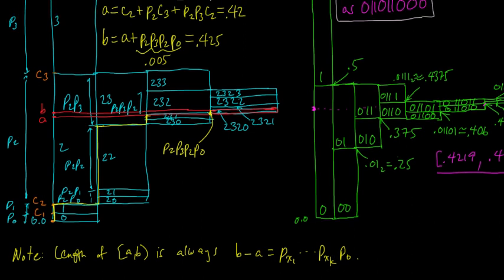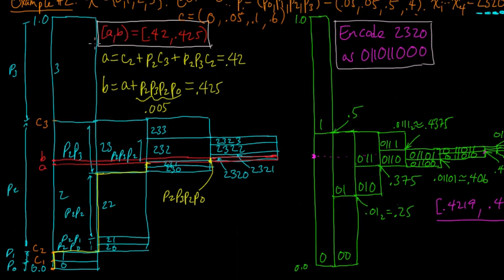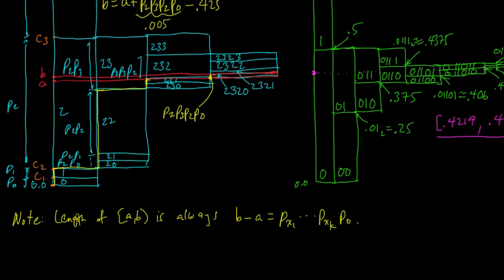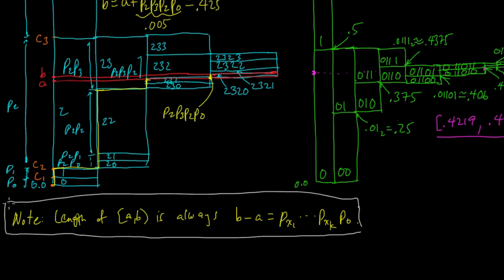The reason is just that's exactly what we were doing in the subdivision process. That was how we defined the lengths of the subintervals, as the products of those probabilities up to that point. So this is always going to be the case. This is a very important observation. This is what gives arithmetic coding its nice compression properties.